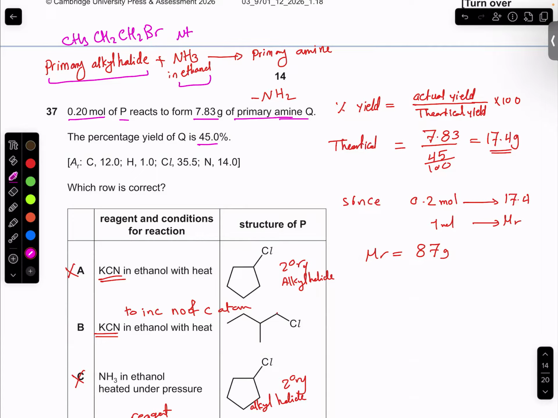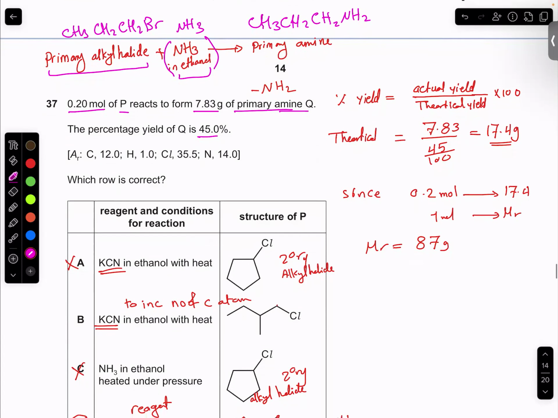If you react with NH3, it forms a primary amine like CH3CH2CH2NH2. So this is a primary amine. So the condition of this reaction is we need ammonia in ethanol. So I need a primary amine and I need ammonia in ethanol.